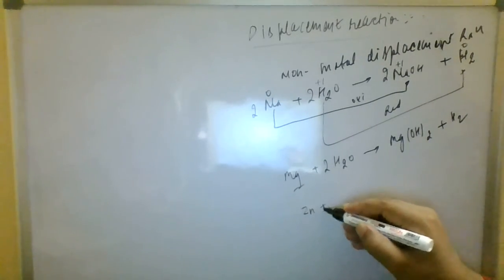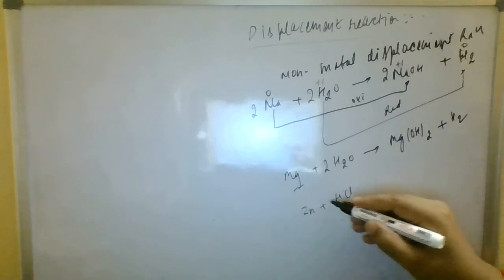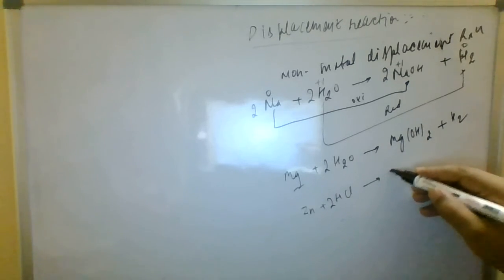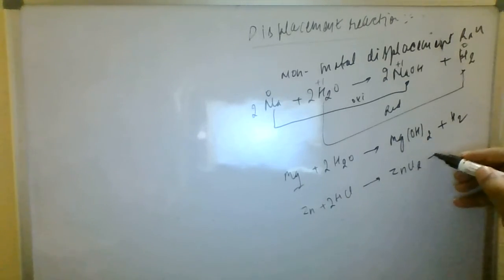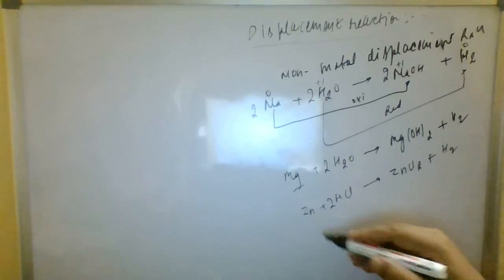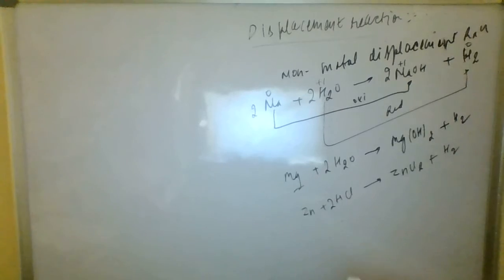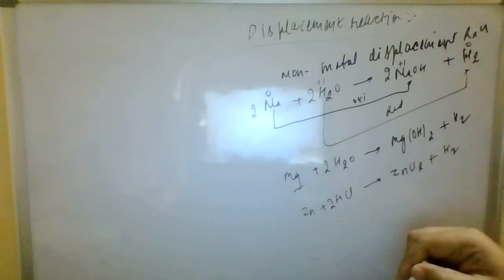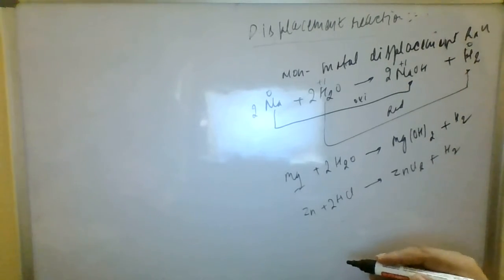Zinc metal, if you are treating with two molecules of HCl, let's say, it will give ZnCl2 and then hydrogen. So what you find here is that zinc metal displaces the hydrogen. This also becomes a redox reaction.